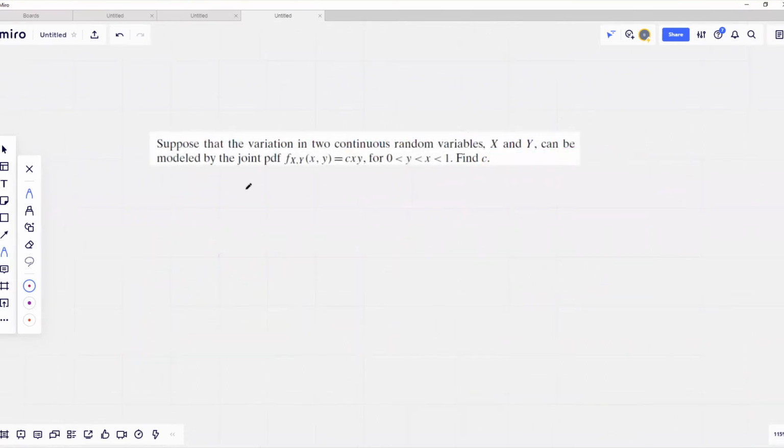Now let's solve the following problem. Suppose that the variation in two continuous random variables x and y can be modeled by the joint PDF f of x y equal to c multiplied by x multiplied by y, for the region in the xy plane where y is greater than 0, less than x, and x is less than 1. So first, let's draw that region here in our xy plane.